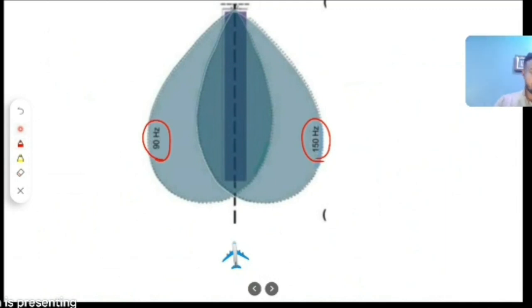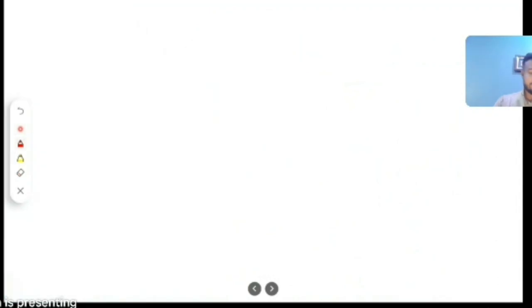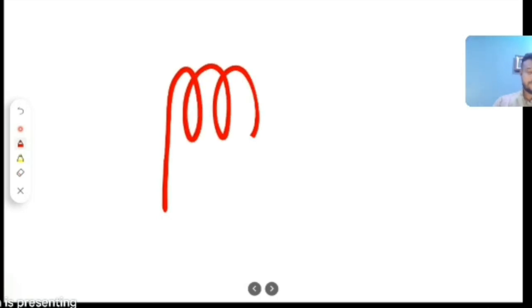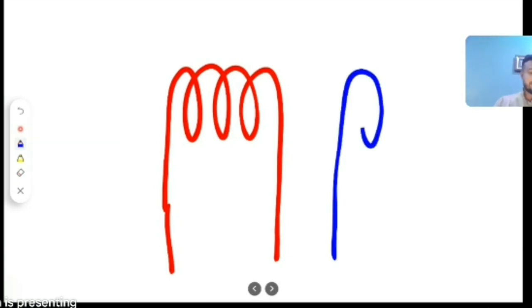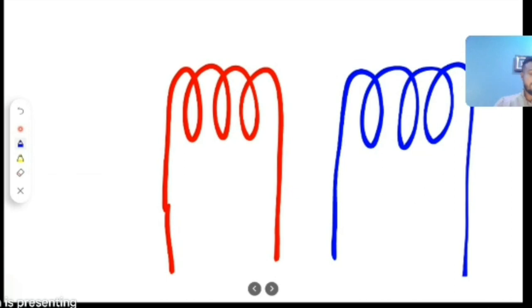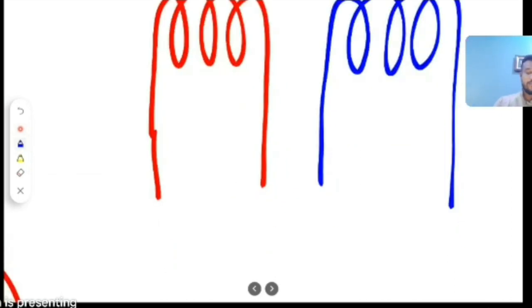Now we'll install the same coils here. This coil is sensitive to 150 hertz, and this is sensitive to 90 hertz.